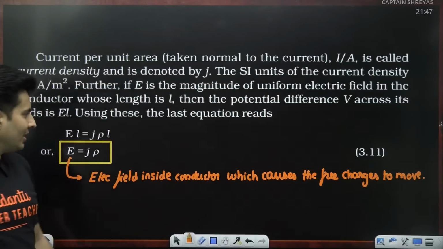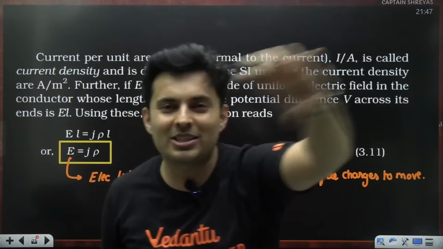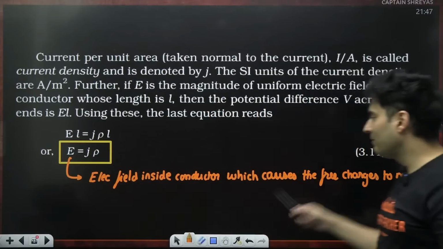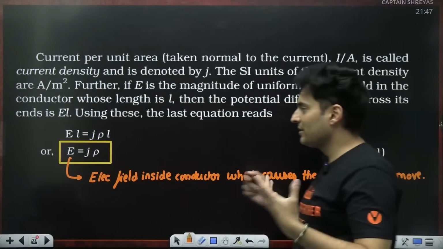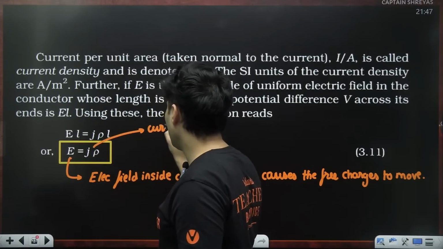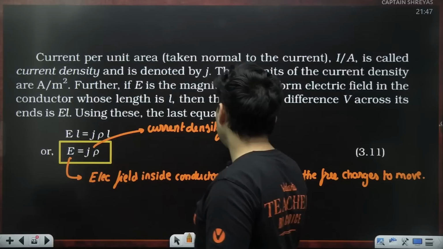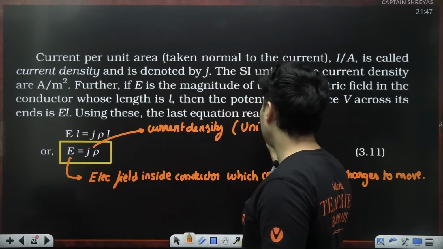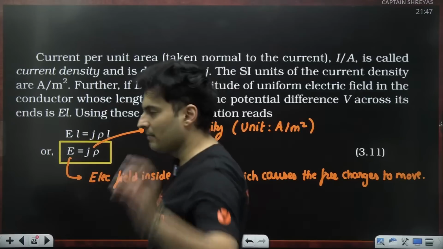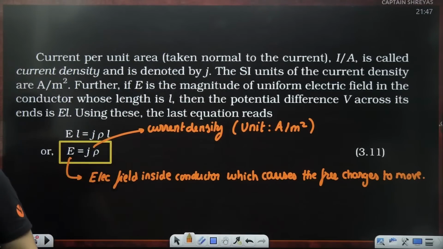Very, very important. Without this electric field, remember, this electric field is like that superstar giving the motivation for those electrons to move. So that electric field is inside the conductor, which causes the motion of the charges. J, like I have told you before, is nothing but your current density. This current density will have a unit of ampere per meter square. How many amperes is going per unit area? That is nothing but your current density.